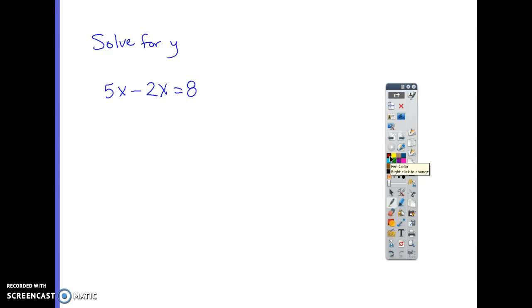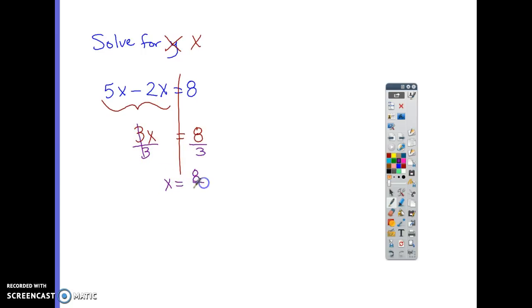No. I'm going to have to solve for x because there's only x's. So the first thing you do is combine these two, 5x minus 2x, which is 3x. 5 minus 2 is 3. Equals 8. What's the last step? Divide by 3. So my equation's x equals 8 over 3.